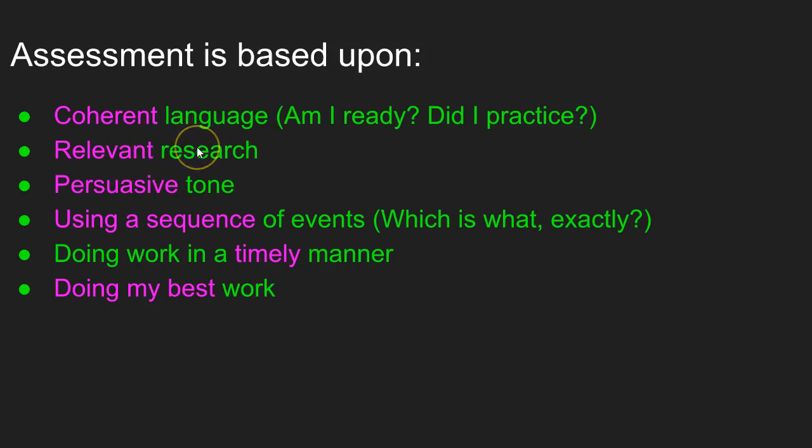Relevant research, research that's real and within the last 5 years. Persuasive tone, using a sequence of events, which includes using transitions so that the audience and the listener know where you're at. Doing work in a timely manner, handing things in on time, and doing your best work.